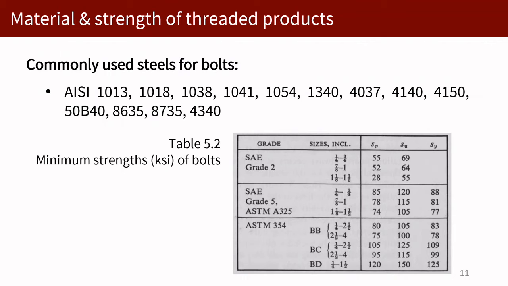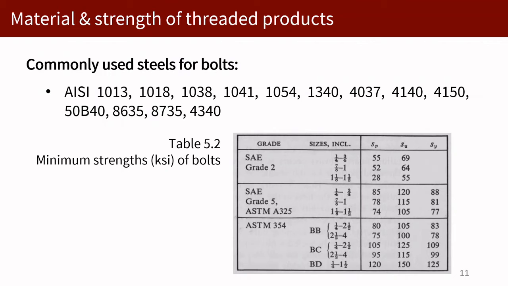So for typical applications, unless it involves a specific material, for example one that is not corrosive, or for high pressure vessels, other materials than those listed here will be used.